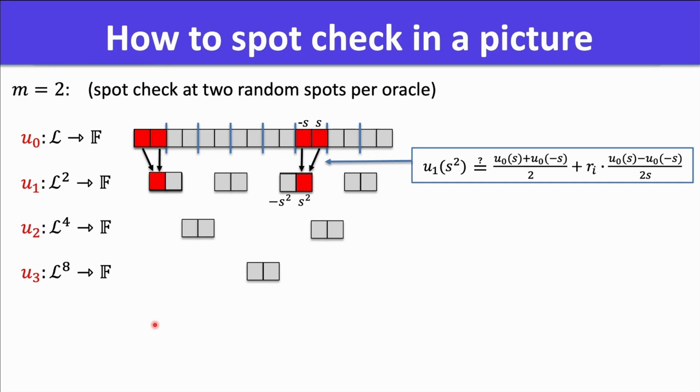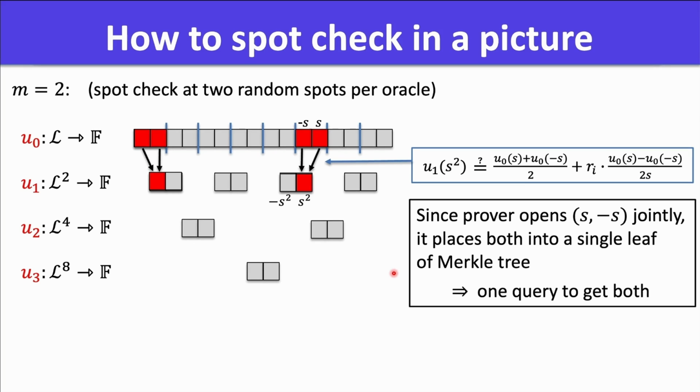Now, one thing to notice is that in this process, the prover always needs to open s and minus s of u0 in order to evaluate the corresponding point in the folding of u0. What that means is that when we're creating the Merkle commitment to u0, we might as well put s and minus s in the same leaf of the Merkle tree.